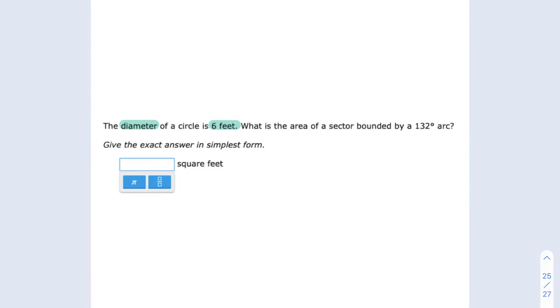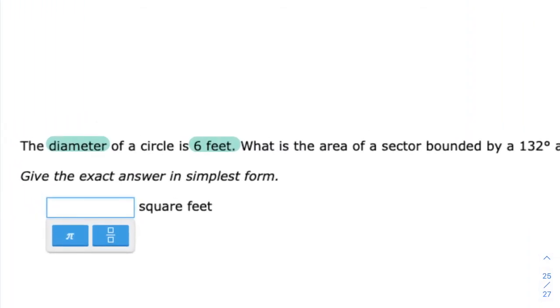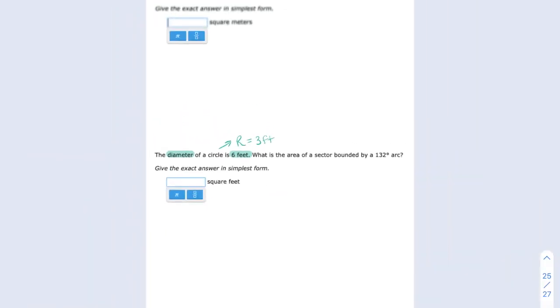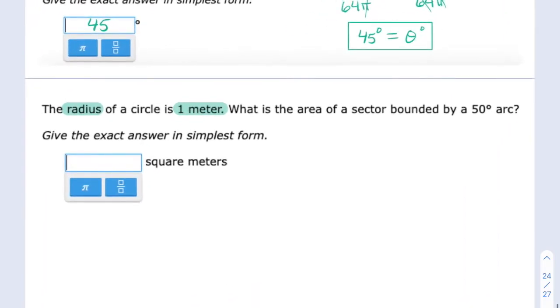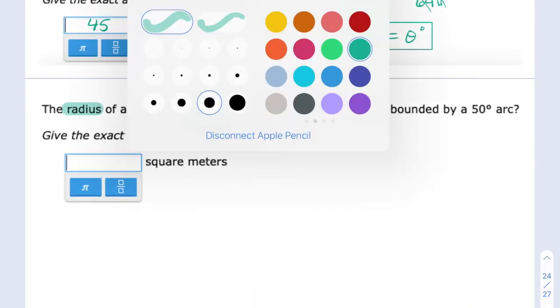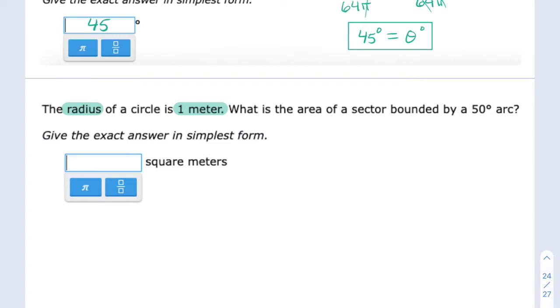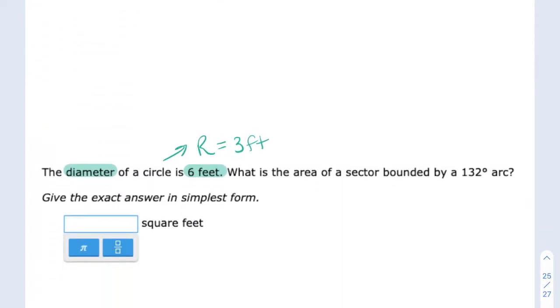So we're going to have to say that the radius is actually 3 feet. Now this one has a sector area bounded by a 50-degree measure, and this one's by a 132-degree measure.